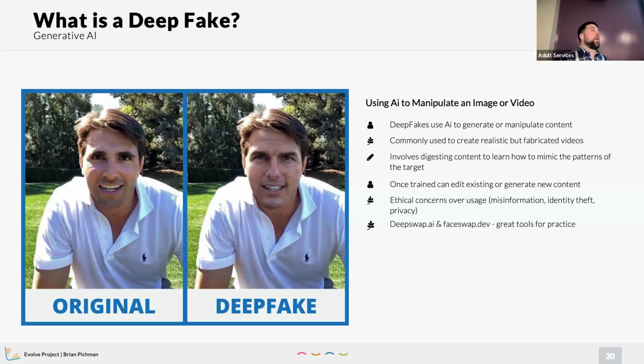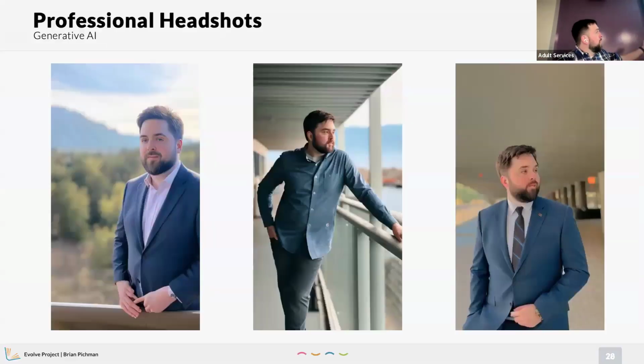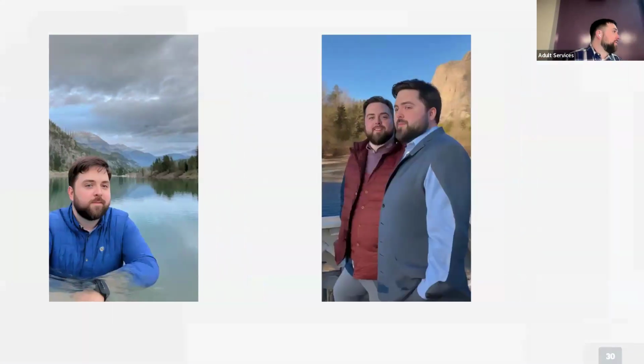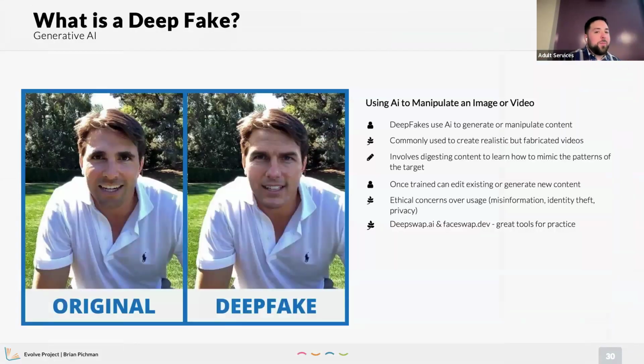Nowadays, it's really easy to create a fake image of somebody else. These fooled my mom, so if I tried a little harder, who else could I fool? There are a few websites you can use to replicate this, Deep Swap AI and FaceSwap.dev. You can practice and see how easy it is to manipulate images of you to look like somebody else, and then record yourself saying whatever you want and have it look like it came from somebody.